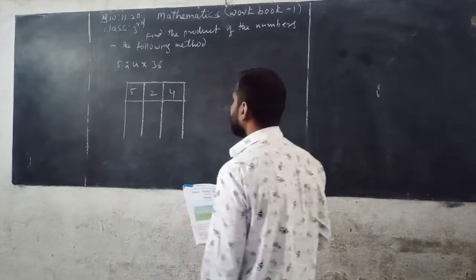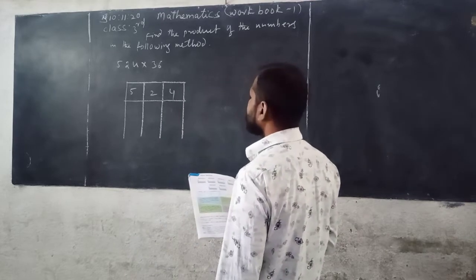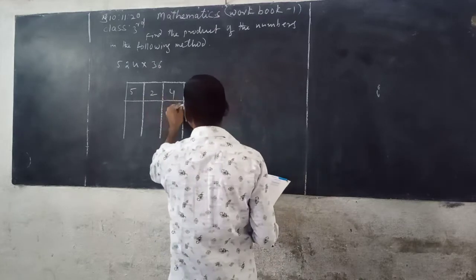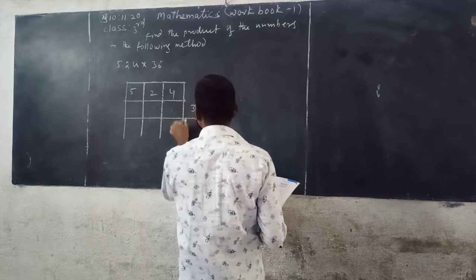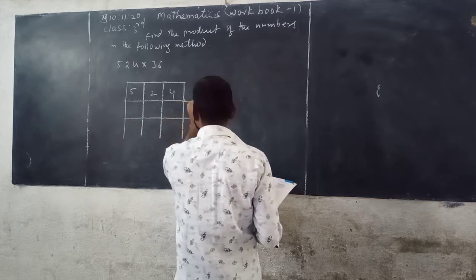And then you can write 36 adjacent to the rows, here 3. Now here 6. Write down, everybody.